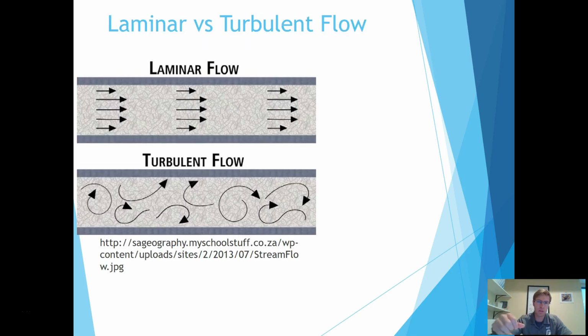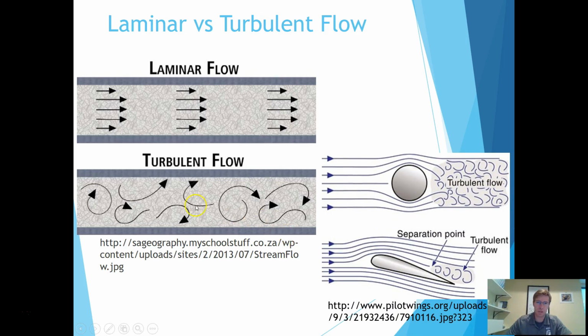To help you visualize what this looks like, here's a couple images. Here you see laminar flow. Things are all moving in the same direction. So the direction of the velocity vectors are all the same, and their magnitudes are quite similar to one another. And here's an extreme case of turbulent flow. Here you see flow around maybe a baseball moving through the air. It's laminar in front and on the sides of the object, but you get turbulent, more chaotic flow behind that object.